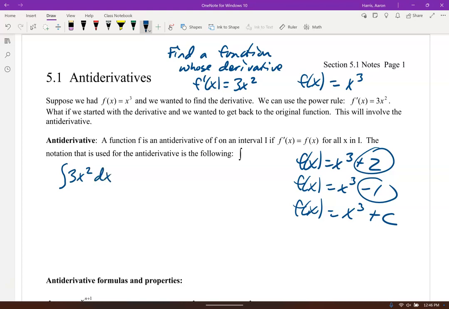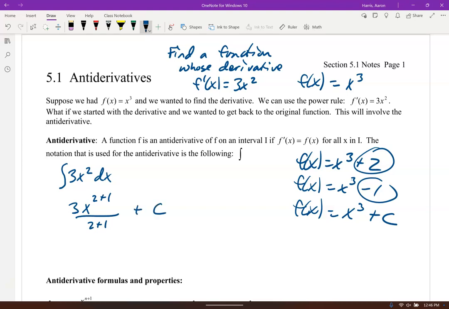Because we're trying to find the function whose derivative is 3x squared. And so we just would go backwards with these rules. The 3 would stay there, but instead of the power rule n x to the n minus 1, here we'll have x to the n plus 1 all over n plus 1.